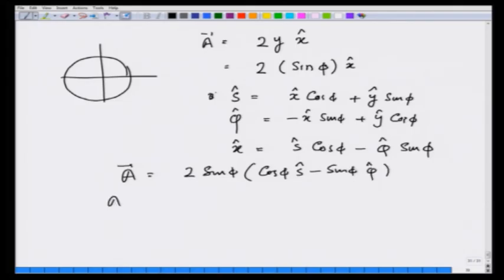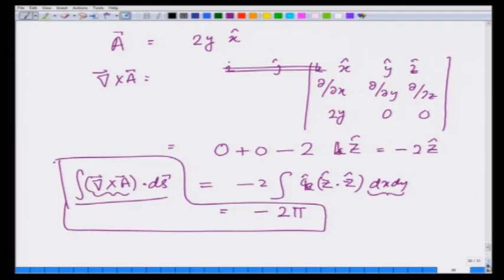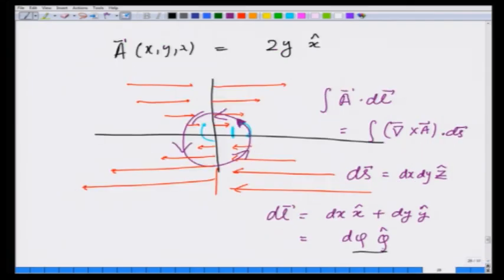A dot dl, we have already seen dl is nothing but phi unit vector times d phi. Let me check if I did that. Yes, I did that indeed here.